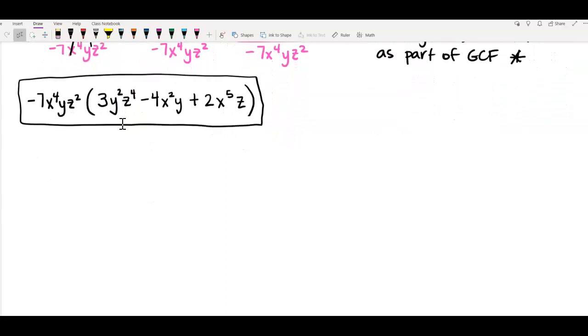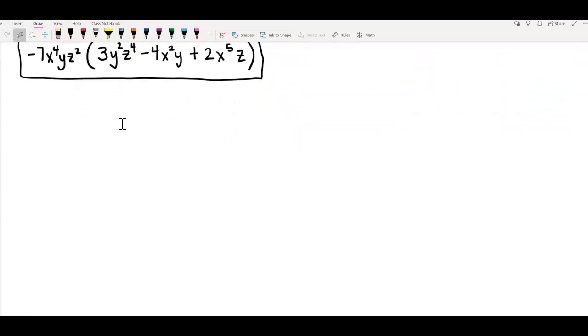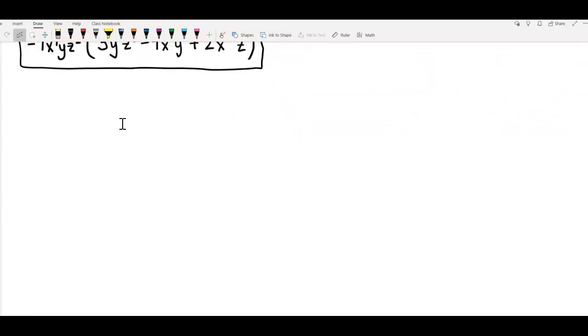All right, let's talk a little bit about factor by grouping also, because that's the other thing in 7.3 that we need to make sure you understand how to do. So on this one, it's just going to ask you to factor by grouping.